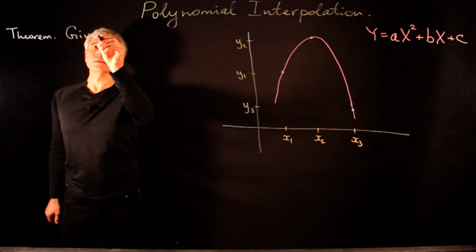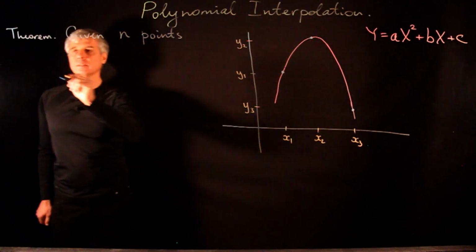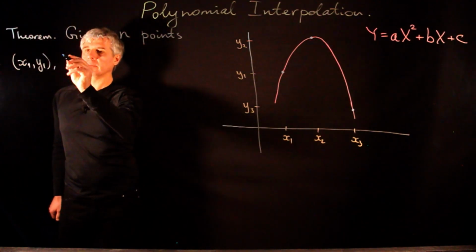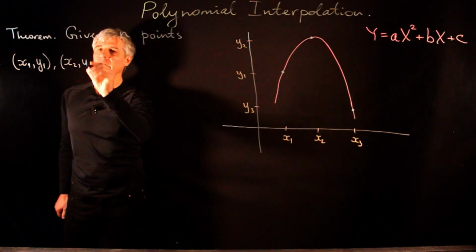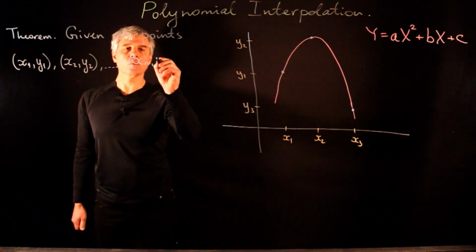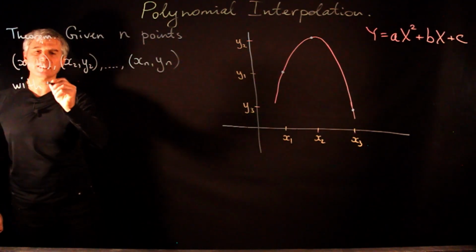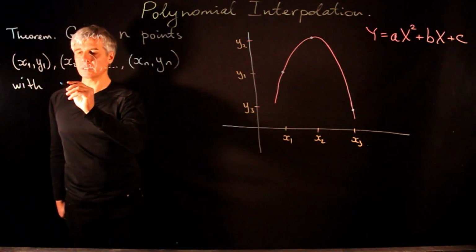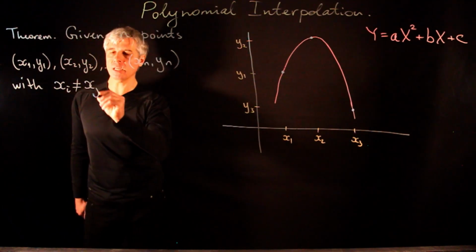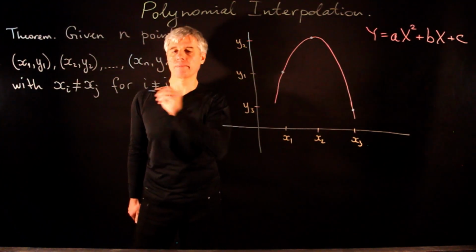Given n points (x1, y1), (x2, y2), ..., (xn, yn), with distinct x coordinates, so this means that xi is different from xj for i different from j.